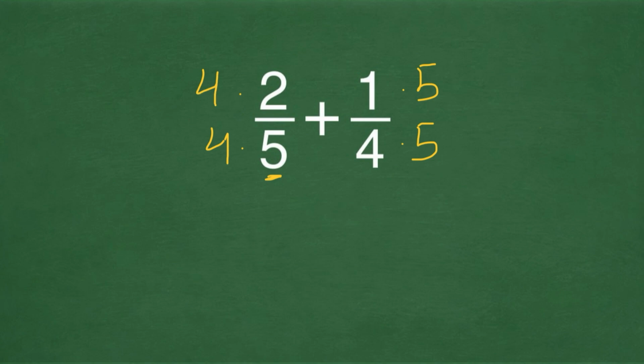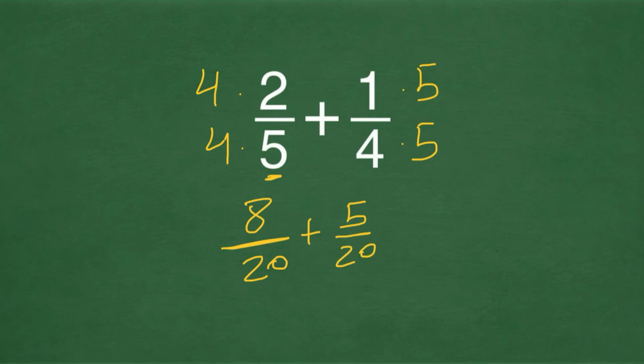So starting from the left-hand fraction, we multiply 4 by 2, which is 8, and 4 times 5 on the bottom, which is 20. So we have 8/20. And for the right side, 5 times 1 is 5, and 4 times 5 is 20. So now we have a common denominator.